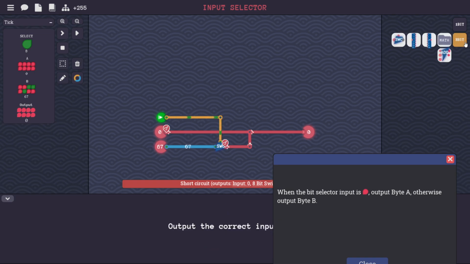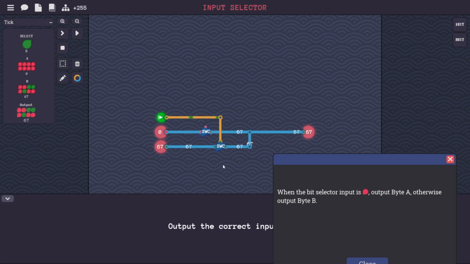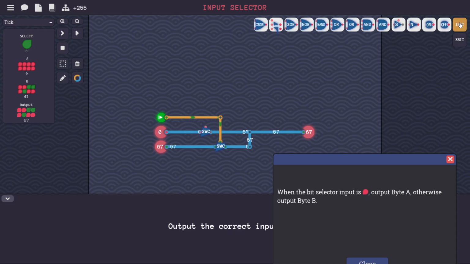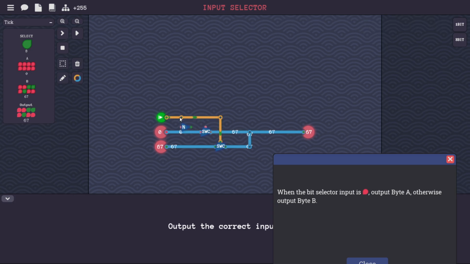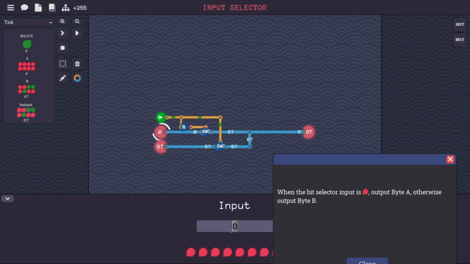So we can have another switch, let's say over here, that gets the inverse of this, and then can power this. So as we can see, we have 0. Let's not use 0, let's use 12 and 67.